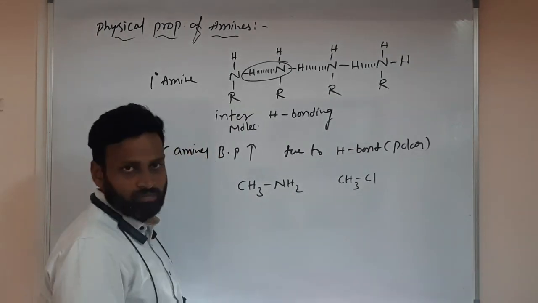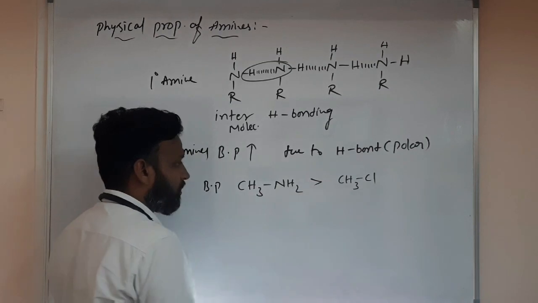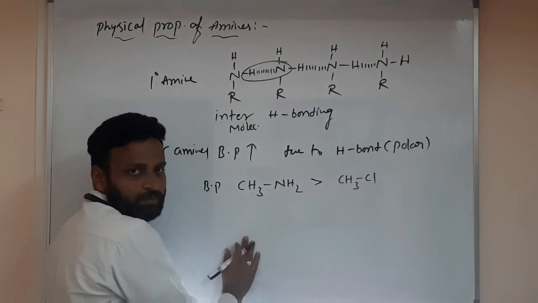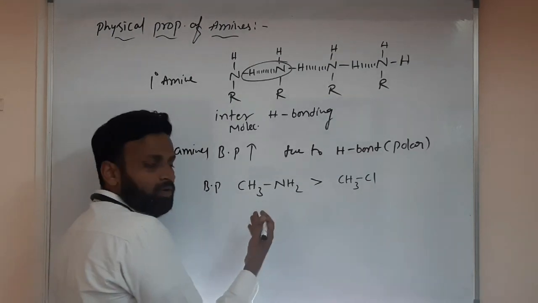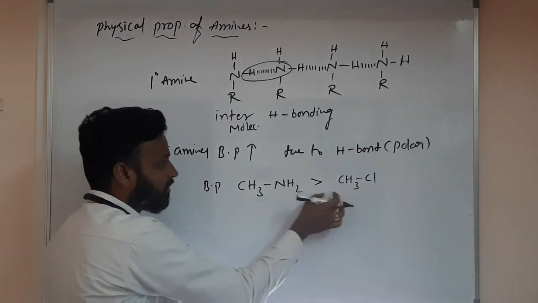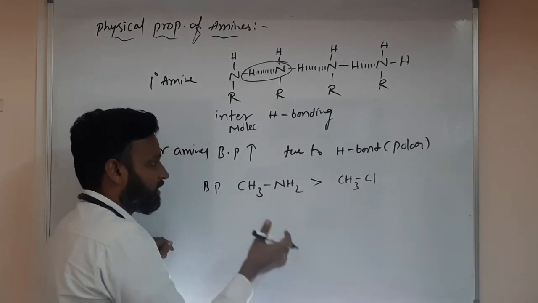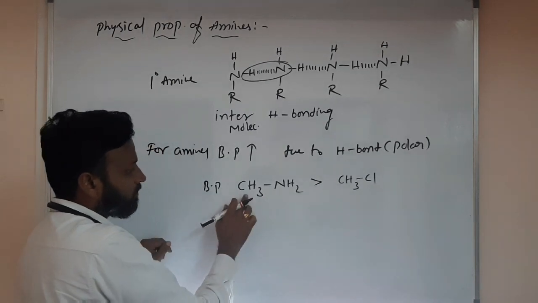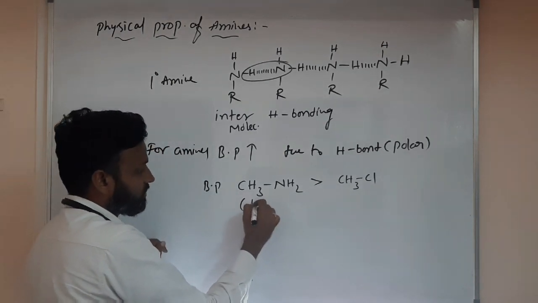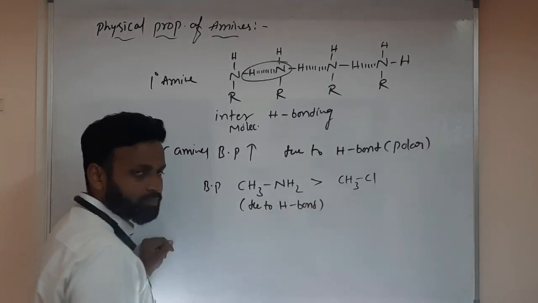Which has the higher boiling point? Certainly CH3NH2, because hydrogen bonding is possible there, giving extra strength. Even though CH3Cl has slightly more molecular weight, the boiling point is higher for CH3NH2 due to hydrogen bonding.